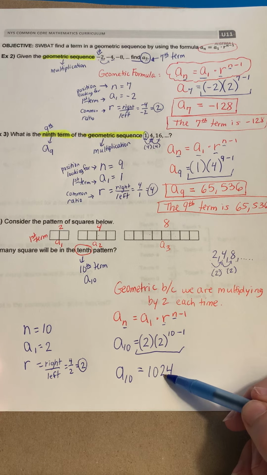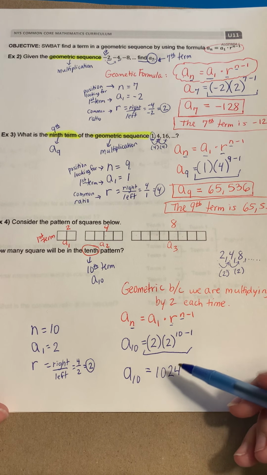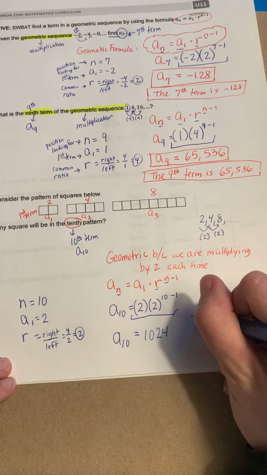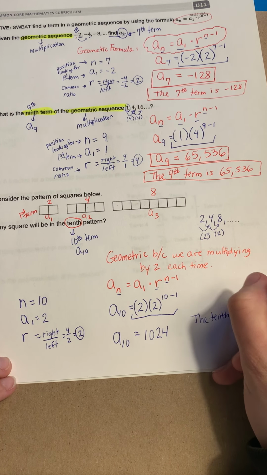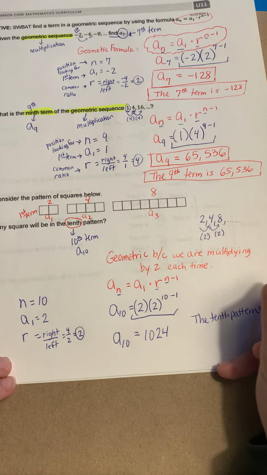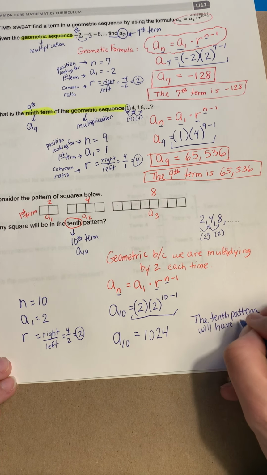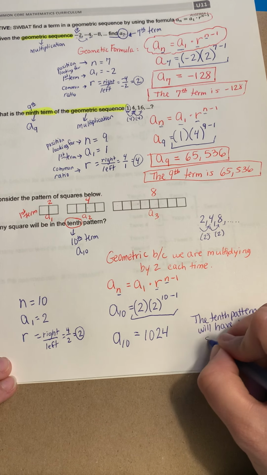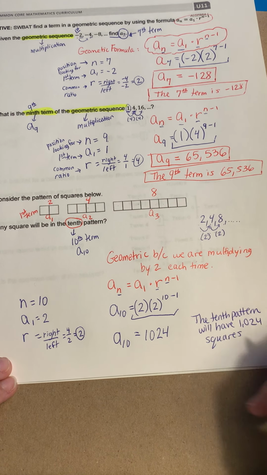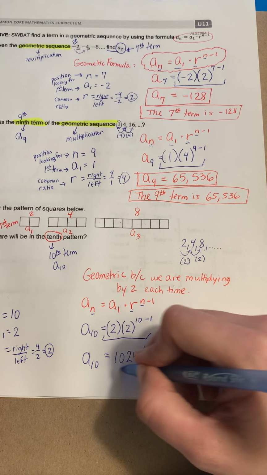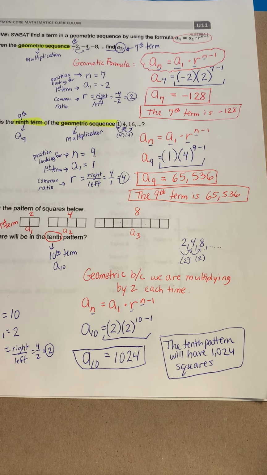So again, I can keep it like this, but they really ask how many squares will be in the 10th pattern, so I should restate it. In their words, the 10th pattern will have 1,024 squares. These are my final answers. They mean the same thing.